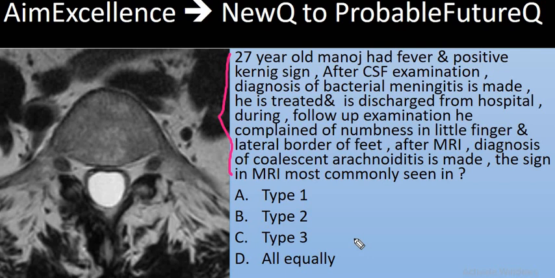So there is a clinical sign that has been mentioned in the examination that has been shown in this particular MRI. This is a T2 MRI image, and this hyperintense lesion is known as empty thecal sac sign.